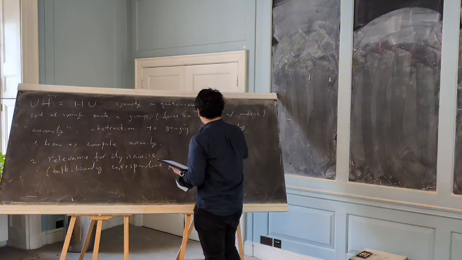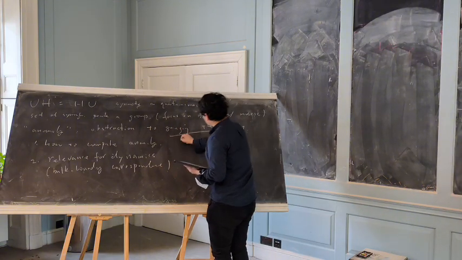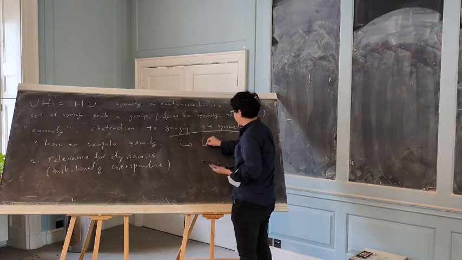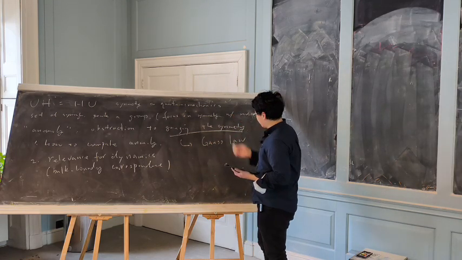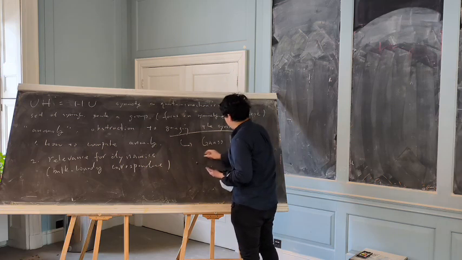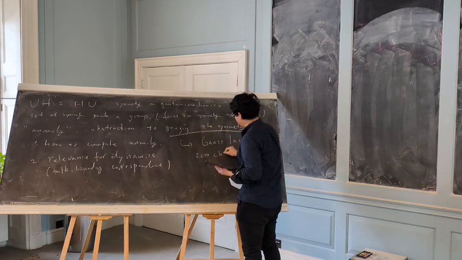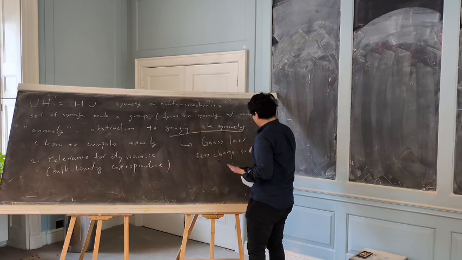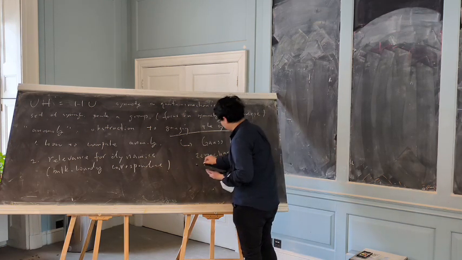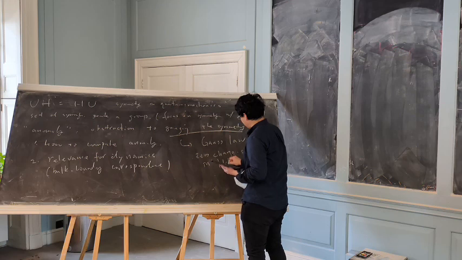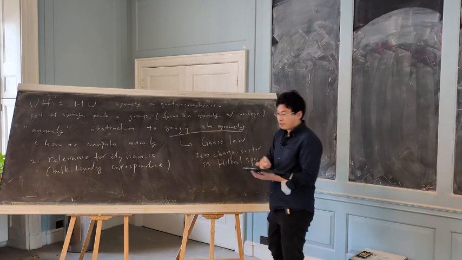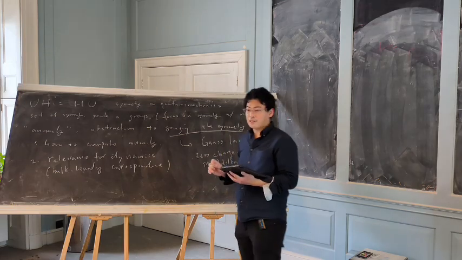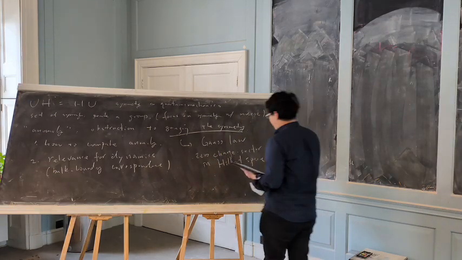So when we gauge the symmetry, we want to impose Gauss law, which means that we want to restrict to the zero charge sector in your Hilbert space.